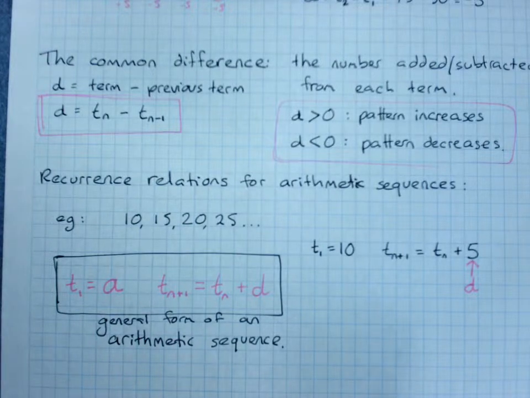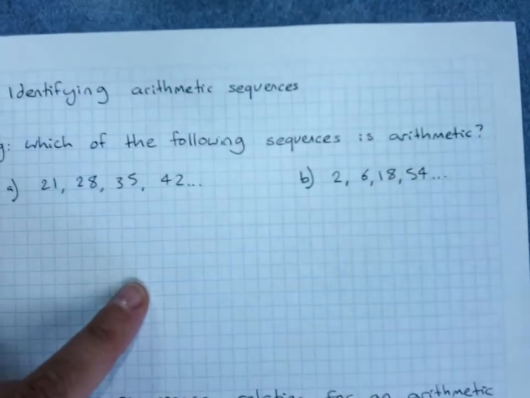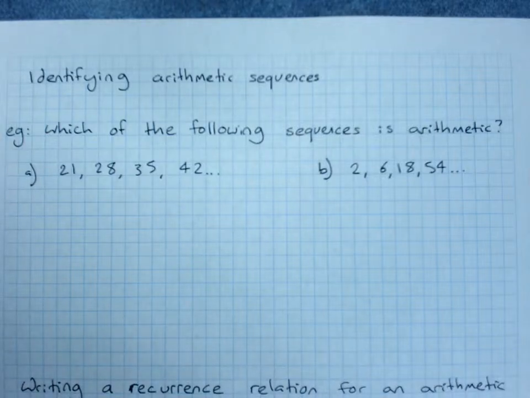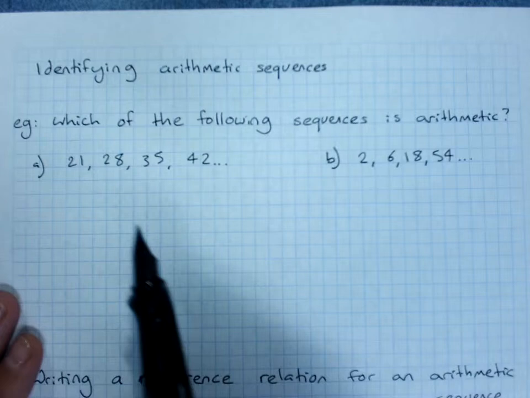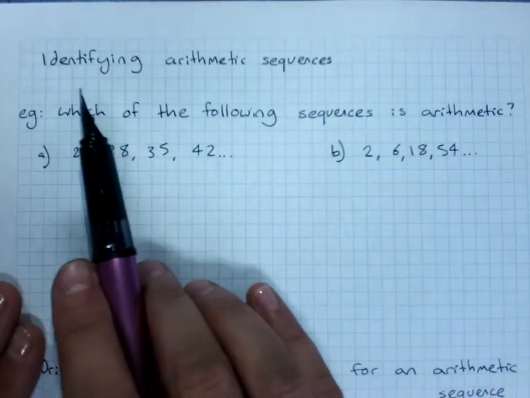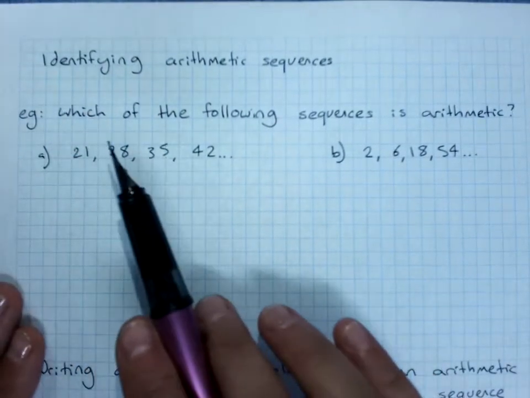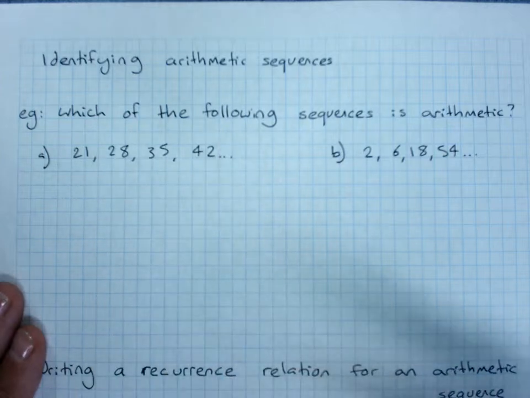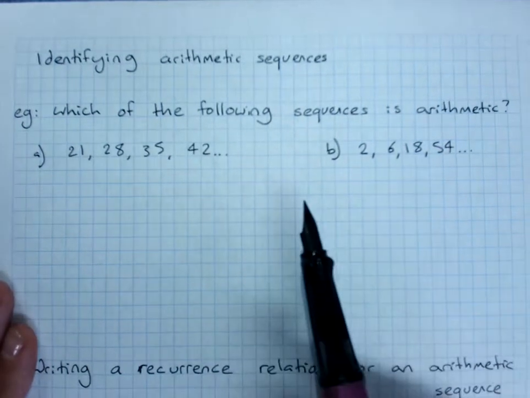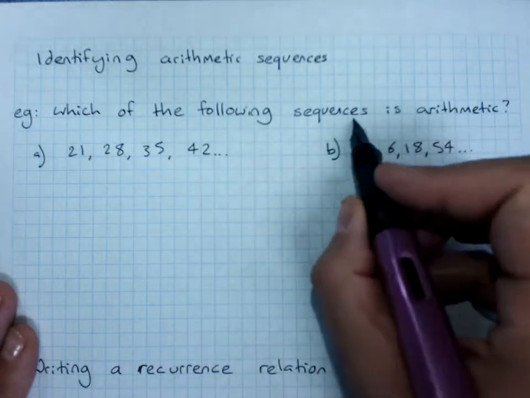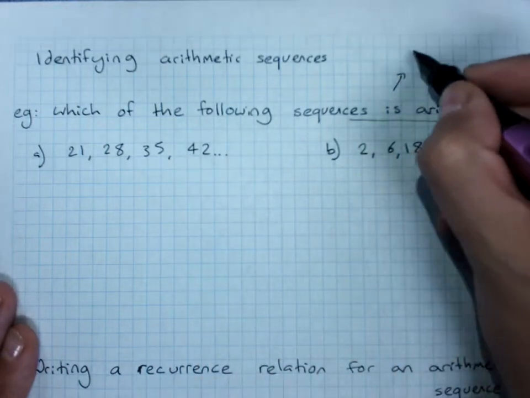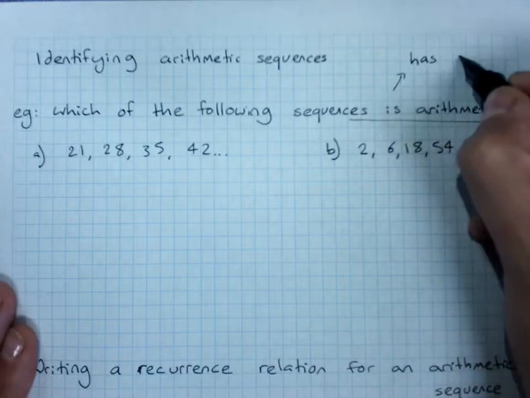So, a couple of different types of questions we might need to do. I've shown you how to find the common difference. One type of question we might use with that is to ask or show that a particular sequence is arithmetic. If a sequence is arithmetic, it will have a common difference.